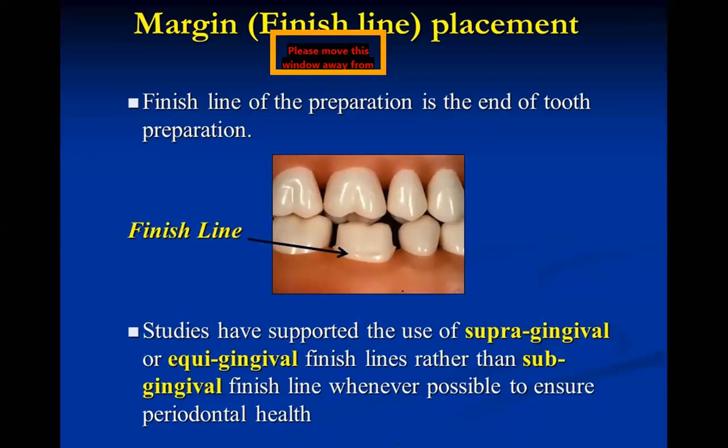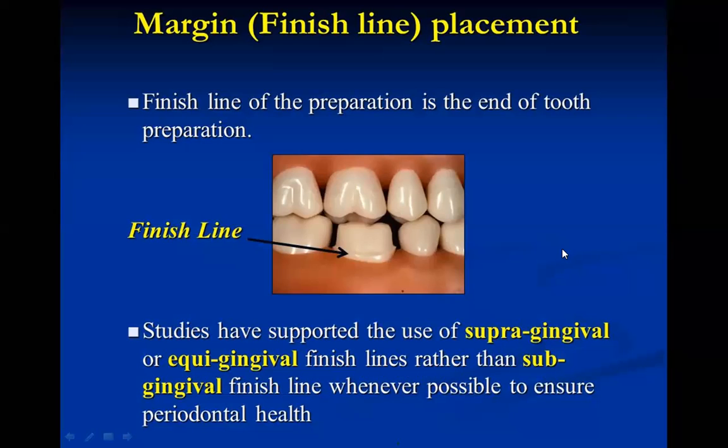Either it is above the gingiva, just like in our picture, the finishing line is supragingival, above the gingiva, and it has certain disadvantages and some advantages. Or it may be at the level of the gingiva, we call it equigingival finishing line, or it is going to be hidden below the gingiva and we call it the subgingival finishing line.